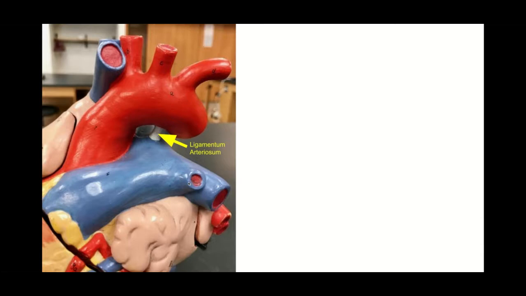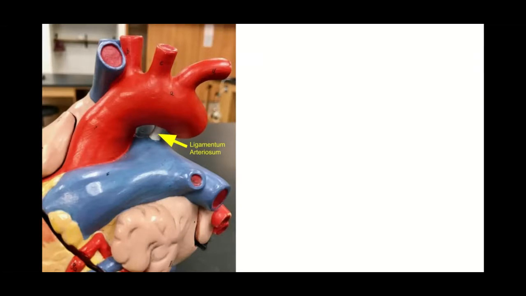In this picture, you see that between the aortic arch and the pulmonary trunk, we have a white structure. We have a ligament. We call it ligamentum arteriosum. This ligamentum arteriosum is the remnant of a shunt or a duct between these two arteries.